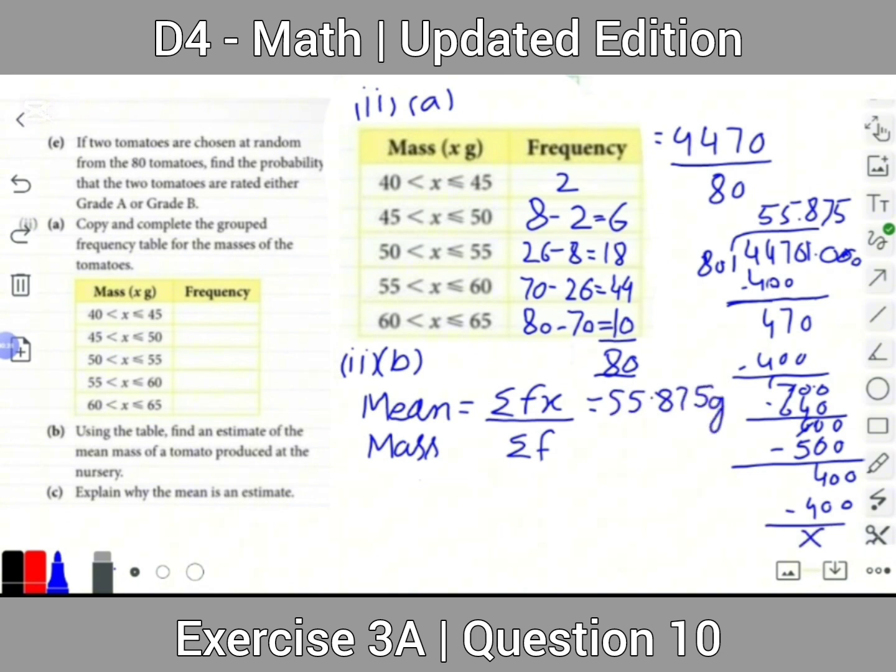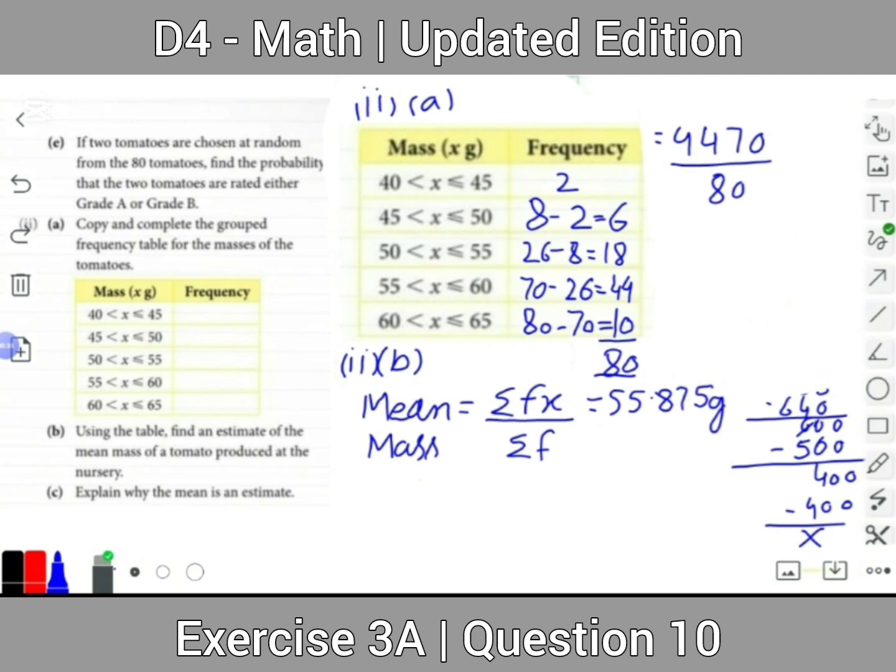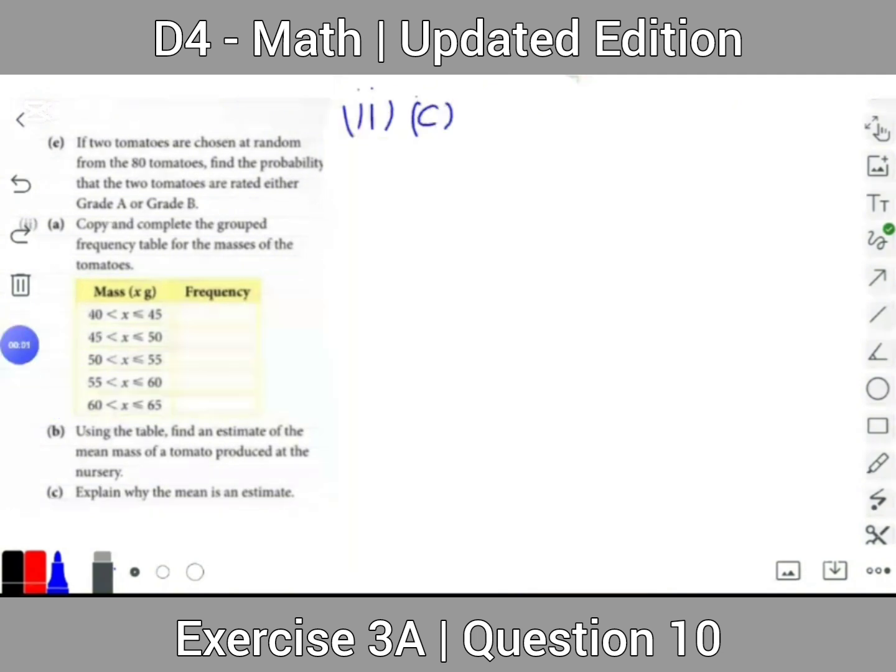So the estimated mean mass is equal to 55.875 grams.